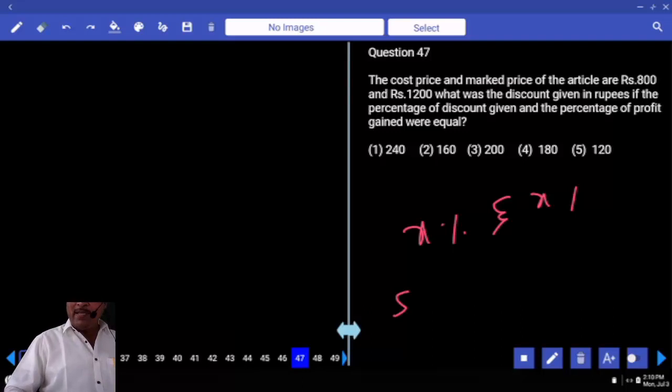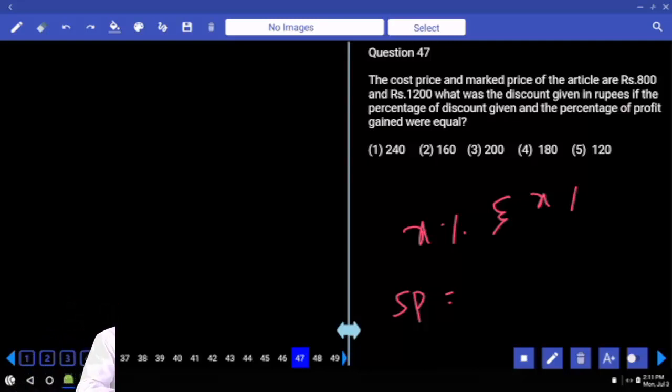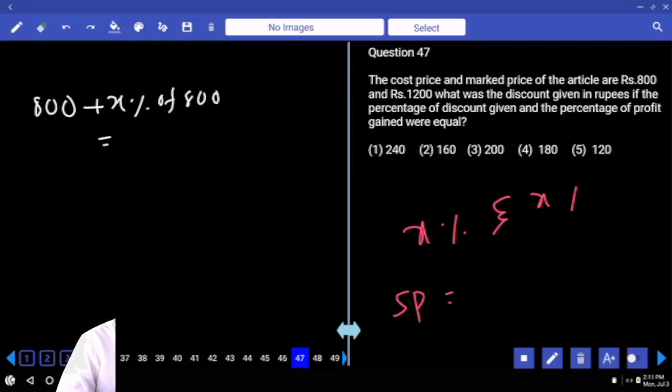What is selling price? Selling price equals cost price plus profit amount. Am I right or not? The cost price in the problem is given as 800. If 800 rupees is the cost price, if X% is the profit, then profit amount becomes X% of 800. Am I right?